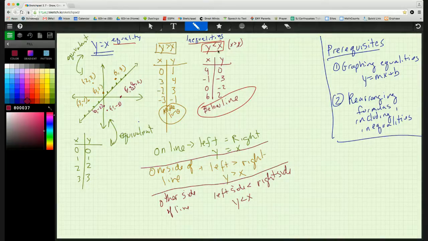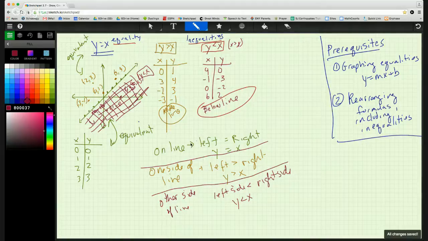So if we were to say y is less than x and it was everything on this red side, we would simply shade this side. And we would say that's where y is less than x. That shading represents every single point that is on this side of the line.